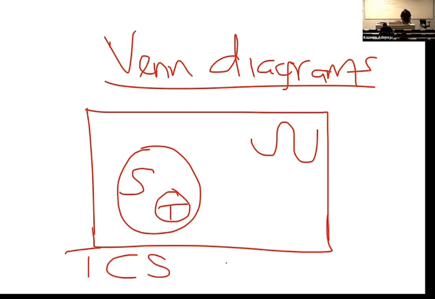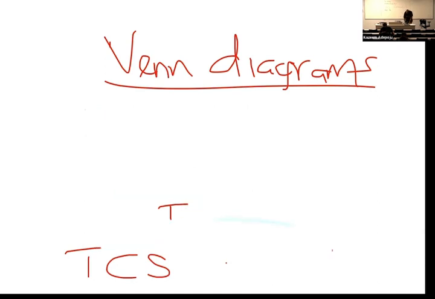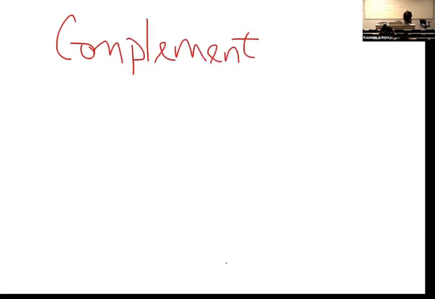Now, the next thing that I want to talk about is the complement. When I talk about the complement, when I'm considering a set X, the complement of set S is just every other element outside that particular set that is in the universal.